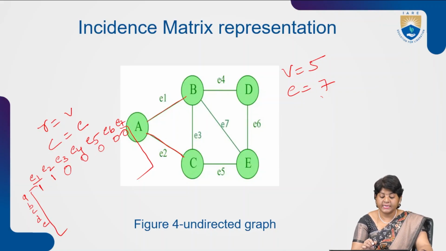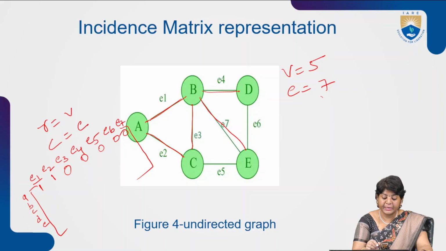Fine. Next, coming to vertex B, it is incident to E1, E4, E3 and E7. Wherever these edges are present, we will mark it as 1 and the rest as zeros.